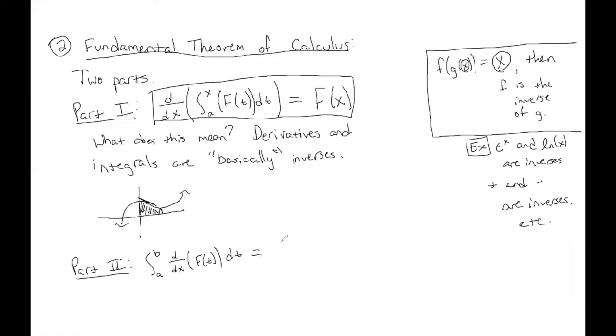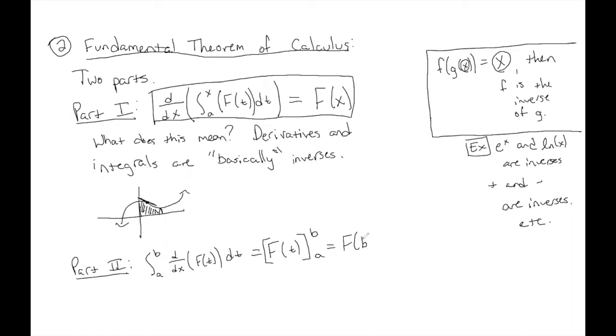This is f of b minus f of a, which I'm actually going to write a little bit differently at first, because this is notation that Nick will be using throughout the next lecture. So this is typically a way to write it. This means that you take f of t, just some variable, and you plug in b first, then you plug in a, and you subtract the two of them.